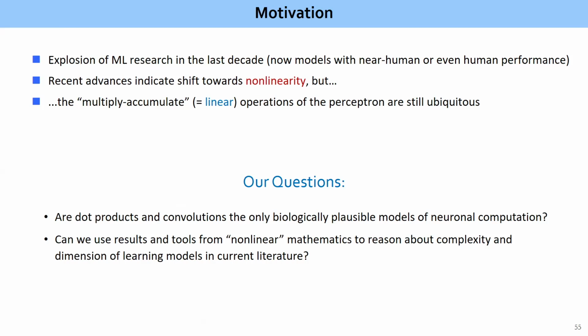Two questions that we raise are the following. Are the linear inner products and convolutions the only biologically plausible model for neural computation? Can we use the results from nonlinear mathematics to reason about the complexity and dimension of learning models and so on?